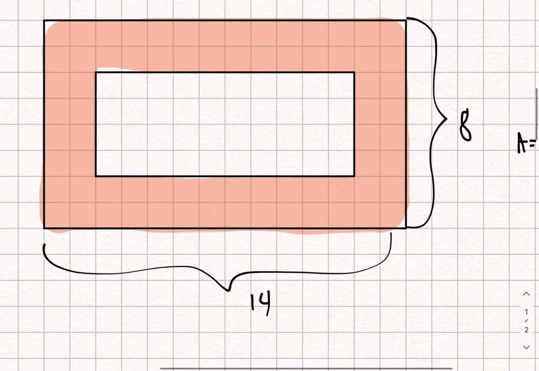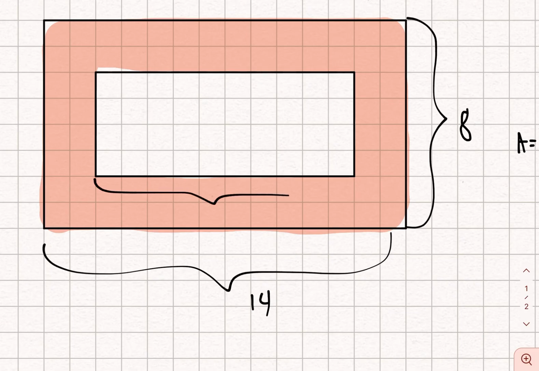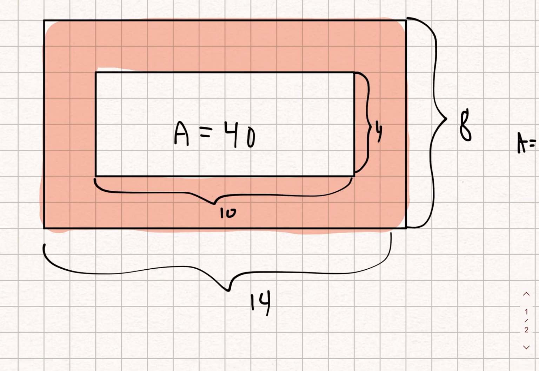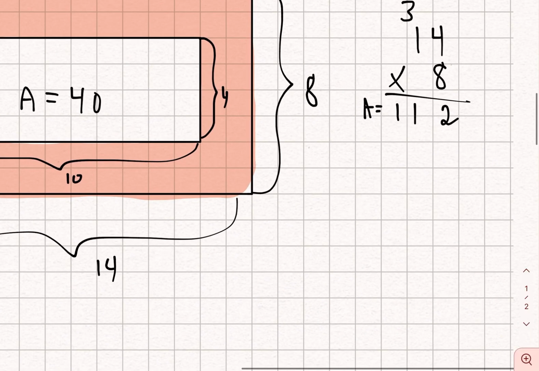What is the area of the small rectangle? Let's see, it's 1, 2, 3, 4, 5, 6, 7, 8, 9, 10 minus 1, 2, 3, 4. So the area of the small rectangle here is 40. So we'll subtract 112 minus 40. Let's give it a try.